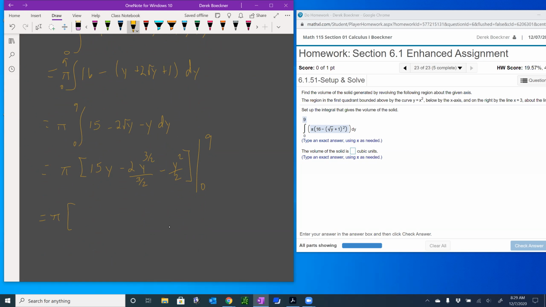If I plug 9 in, I get 15 times 9. The square root of 9 is 3. Squared or cubed is 27. So there's a 27, but I have to divide by 3, which brings me back to 9. And then I have to multiply by 4. So that's minus 36. And then I've got minus 81 over 2.